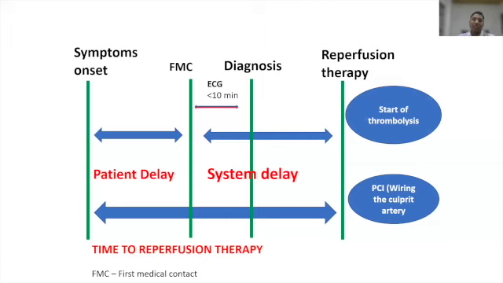From first medical contact onwards, the time taken to reperfusion is the system delay. This is the side we should improve ourselves. The total delay is the time to reperfusion therapy.